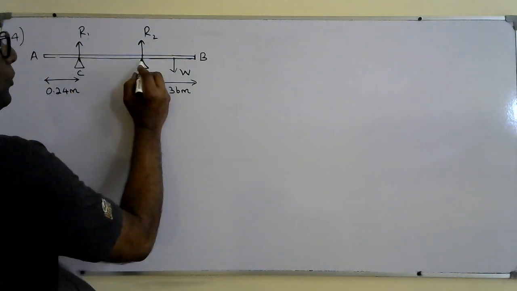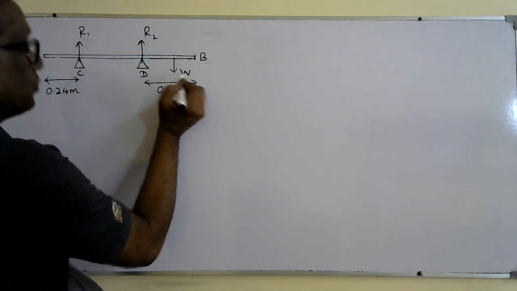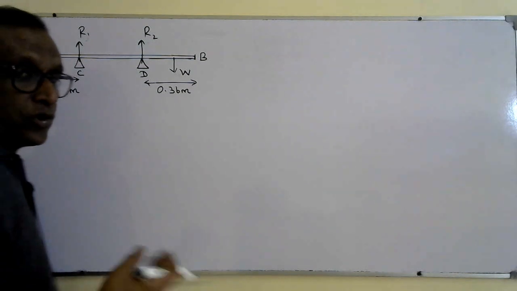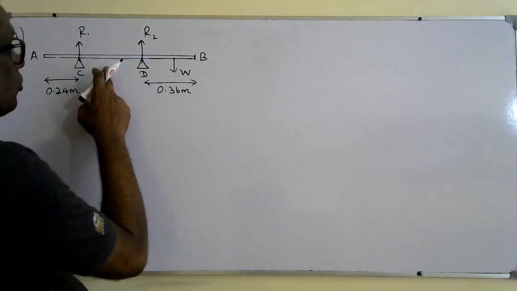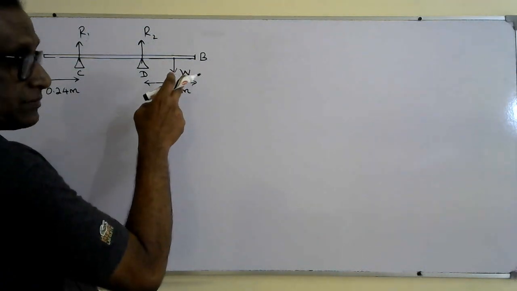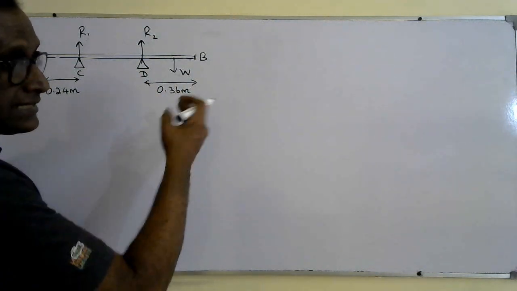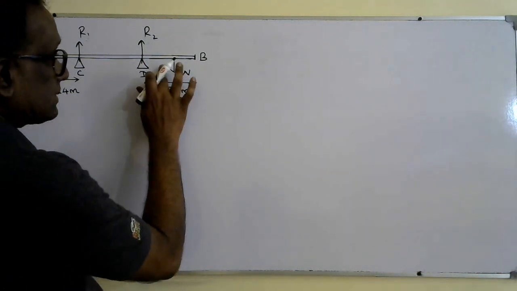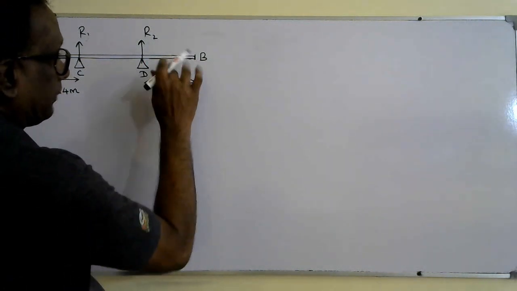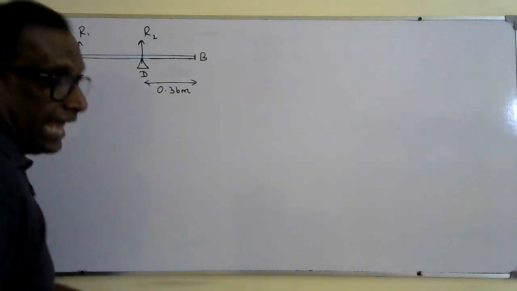So both W and R1 will provide clockwise moment, and there is no force to balance the clockwise moment, no anti-clockwise moment when I consider moment about D. That means the center of mass of AB cannot be between D and B.